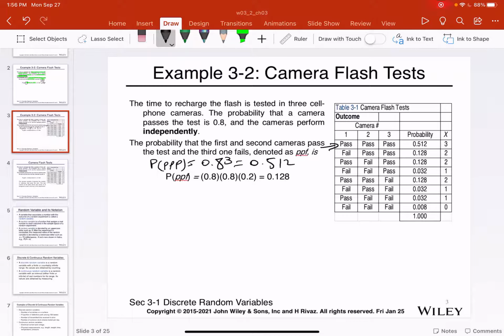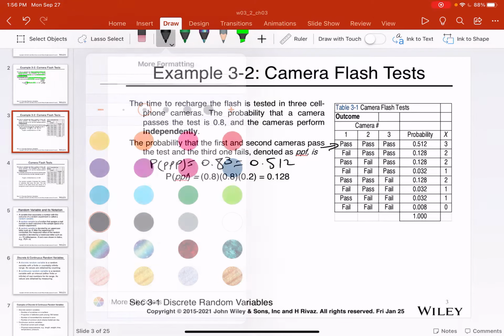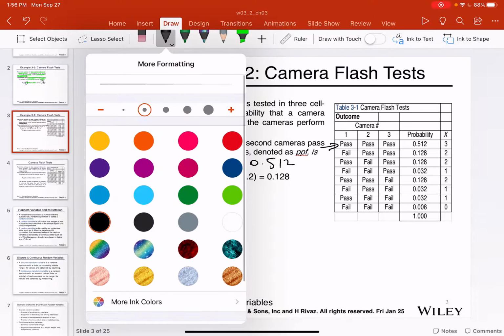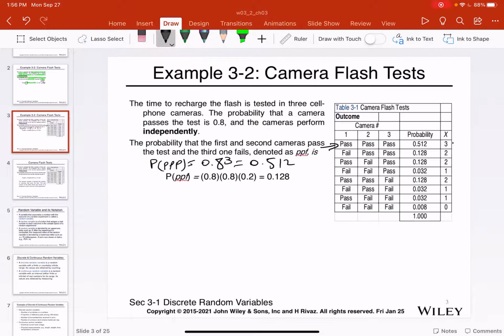So this table basically shows all of the possible outcomes, right? So if we count, there must be eight rows here, right? So 1, 2, 3, 4, 5, 6, 7, 8. Yeah, so this table is complete, right?